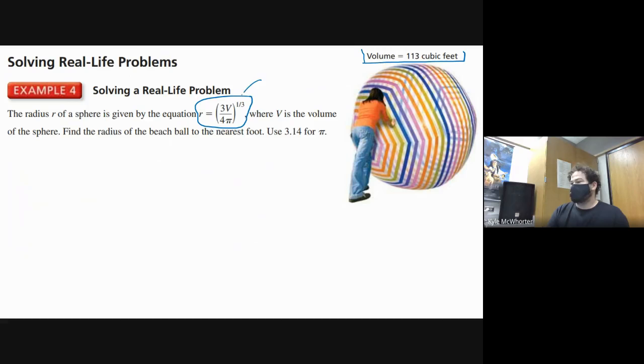We can use this to find the radius, and we'll use 3.14 for pi. So we want to solve for the radius. That's 3 times V over 4 pi, to the 1/3 power. And V, our volume, is 113.